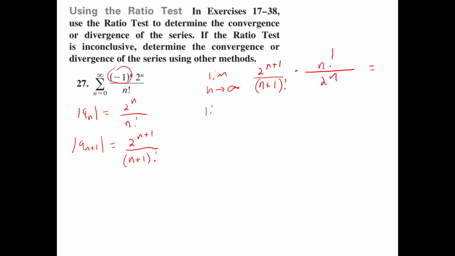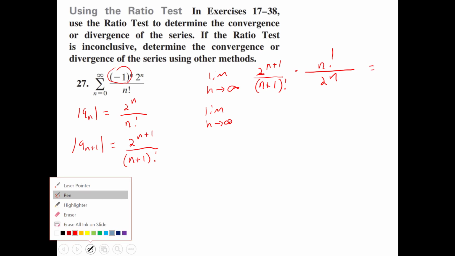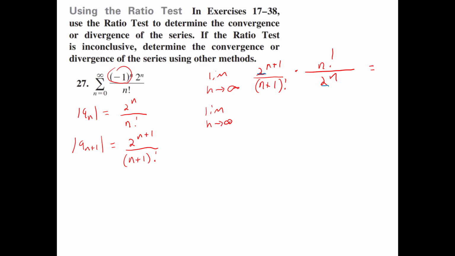And so then this becomes the limit as n goes off to infinity of same base, a base of 2 here and a base of 2 here. We can subtract the exponents and we're going to end up with 2. And for the n factorial over the n plus 1 factorial, we take the bigger one, n plus 1 factorial, and we break off factors, n plus 1 times n factorial, but that's the same factorial that's up here, so we just stop and put n factorial, n factorial. Those cancel out, and now we have 2 over n plus 1, and we're taking the limit as n goes off to infinity, and this limit is 0.